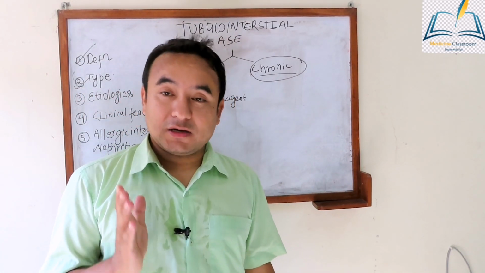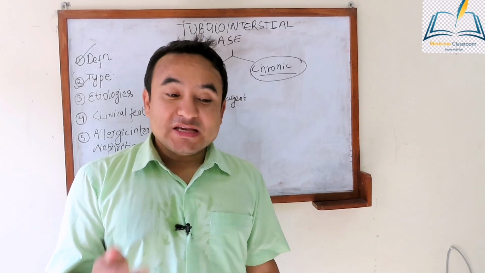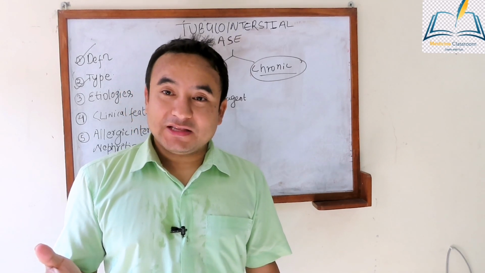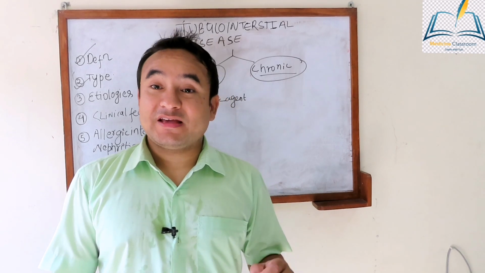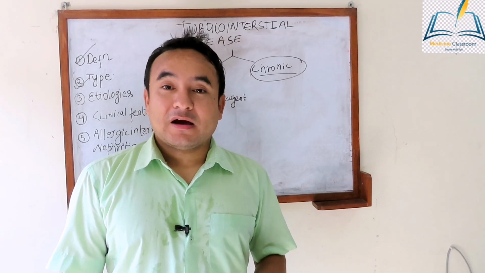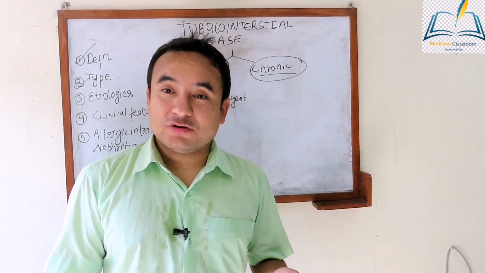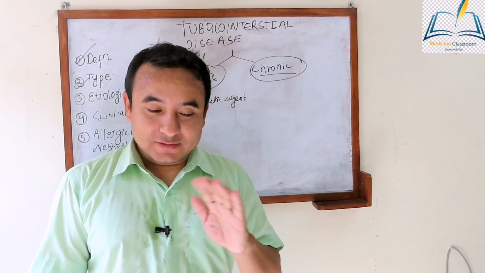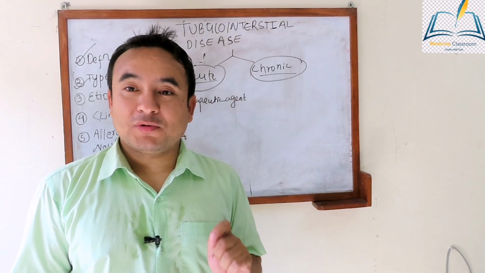Antibiotics like amoxicillin and fluoroquinolones can cause acute interstitial disease. Other therapeutic agents notorious for causing tubulointerstitial disease are the NSAIDs. Antitubercular drugs like rifampicin can also cause it.